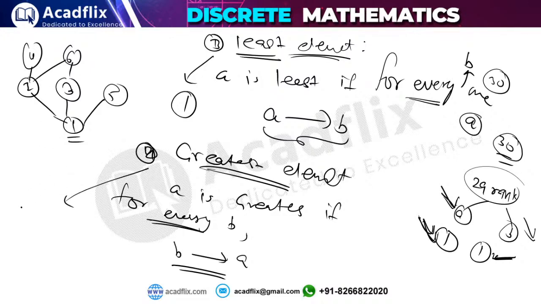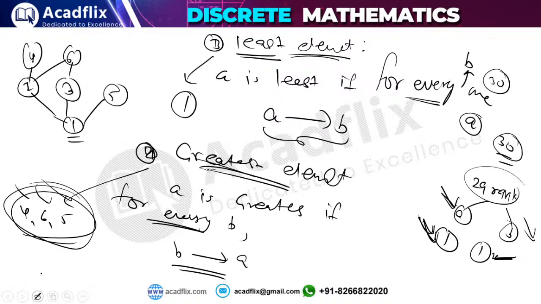Because we have 3 maximal elements, and each of them is a first ranker, each of them is a topper. Or you can say it like this: the greatest element definition says that everyone is below you, but 6 is not below 4, and 4 is not below 6. So that's why no greatest element is there.